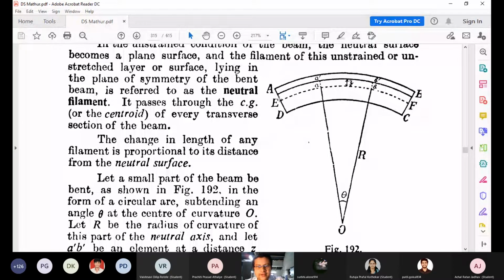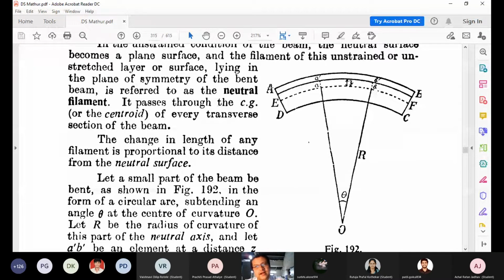So whenever you have some extension, suppose AB is an extended portion and CD is a shortened portion. CD's shortening goes on decreasing, and AB goes on increasing. That change in length is proportional to the distance that we measure from the neutral surface.